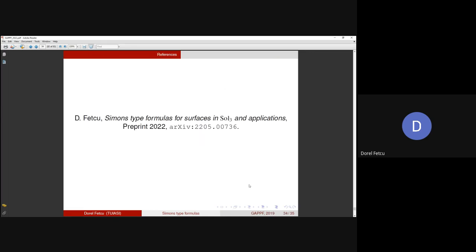So all these results in the last part of the talk can be found in a short paper of mine, which is available on Arxiv. But of course, this is just work in progress. I'm quite sure that the Simon's type formulas can be applied to study complete surfaces, for example, in Sol, biharmonic surfaces, biconservative surfaces in Sol.